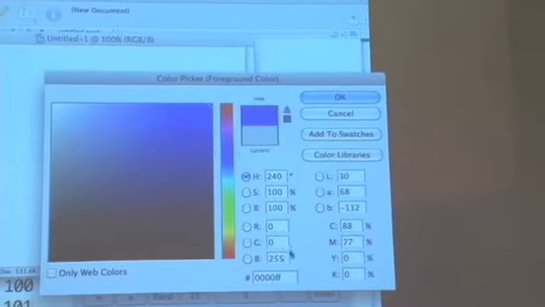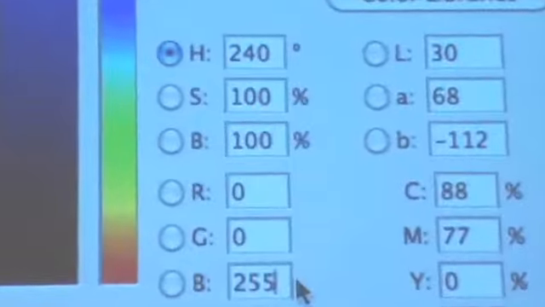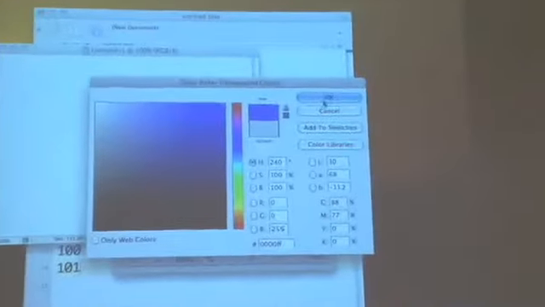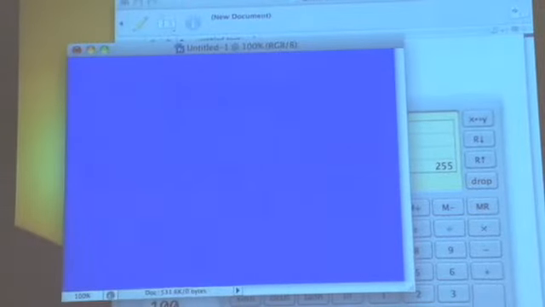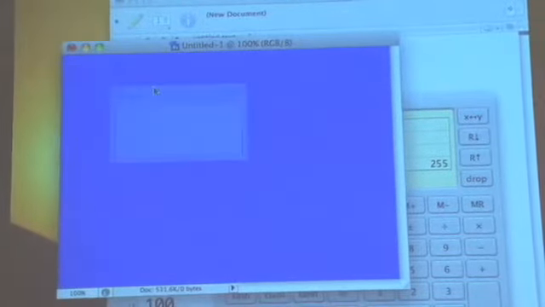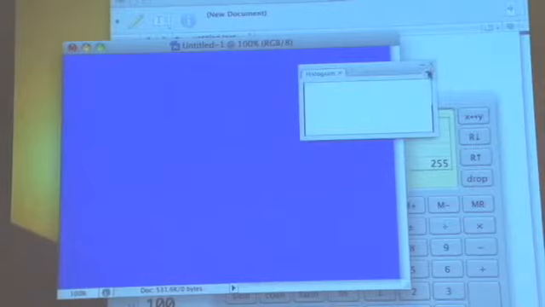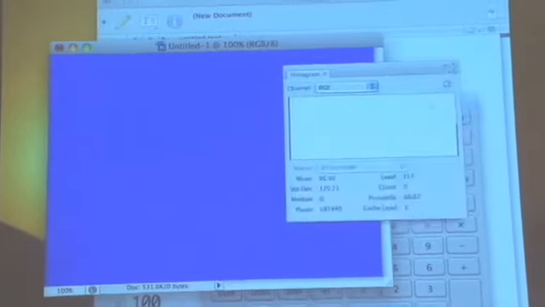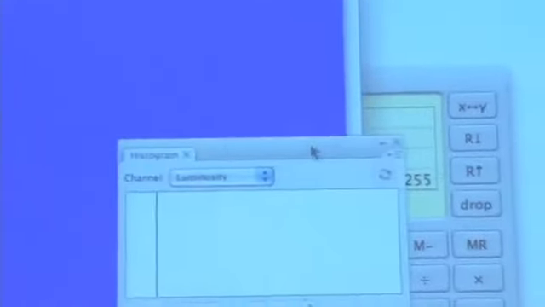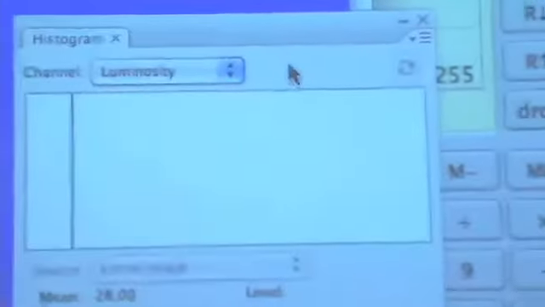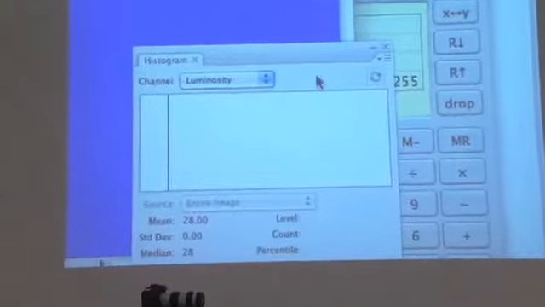So I'm going to pick an all blue color down here using the color picker. Okay, click OK and then paint bucket it in. Now if I show you the histogram over here, hopefully I'm not going to embarrass myself, you'll see that it is exactly 10% of the way over.